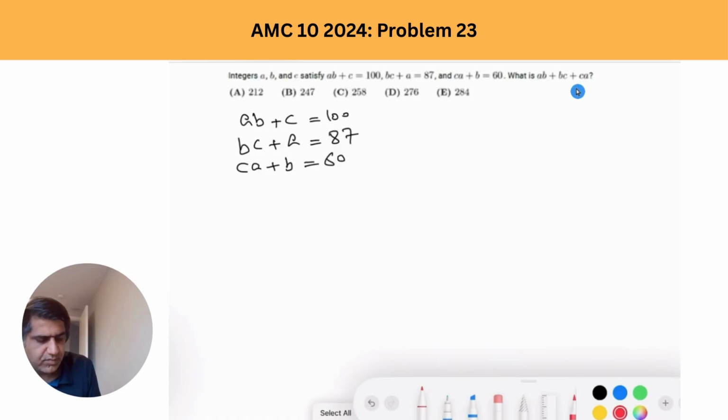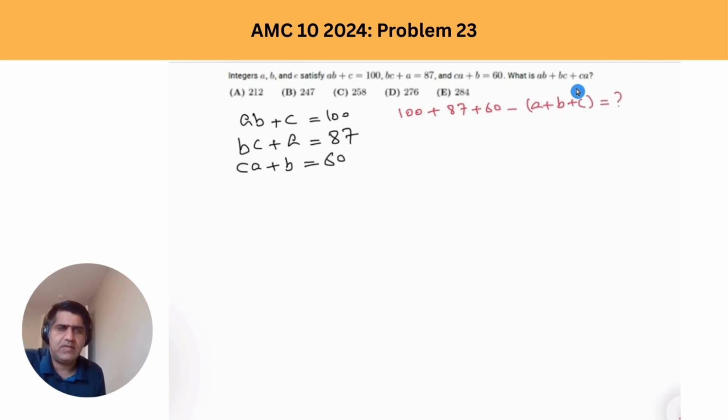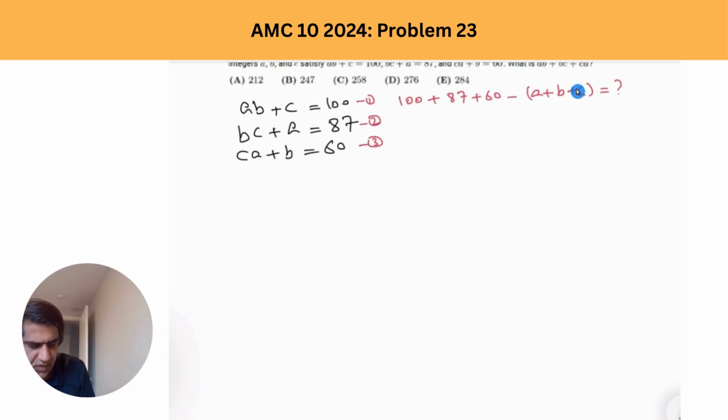And in very simple words, we have to answer the question: what is 100 plus 87 plus 60 minus a plus b plus c. So we have to find either the value of a, b, and c, or some sort of combination of them. So let's first add equation 1 and 2 and see if we get some information.